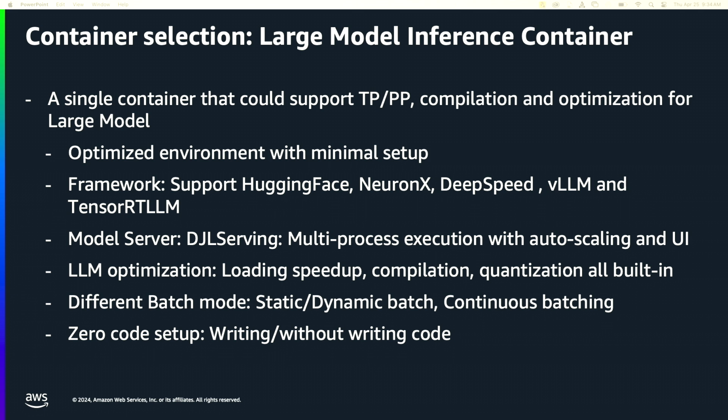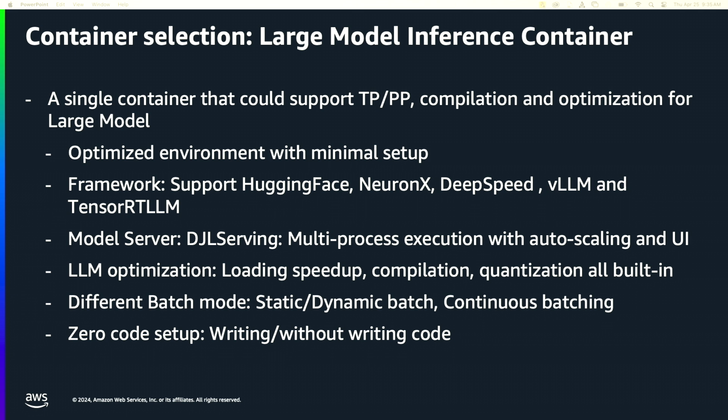We recommend you use the large model inference container, which is a pre-built container fully compatible with SageMaker, with high performance out-of-the-box features to increase throughput, reduce response times, and overall get the best price performance.